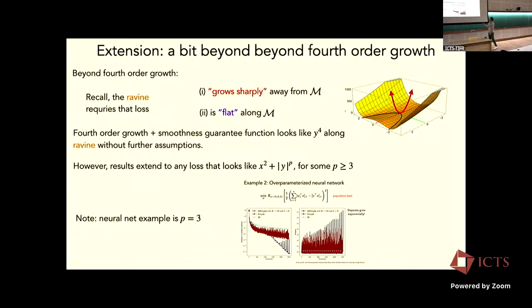But the p equals 3 case, funnily enough, was exactly the type of growth that you get in this neural network example. And in fact, this neural network example is not even C5, C6. I think it's like C2, maybe. But the manifold is simple enough. It's just a subspace. And so we could push the result through without having to assume all of that. But the p equals 3 case is showing up here.